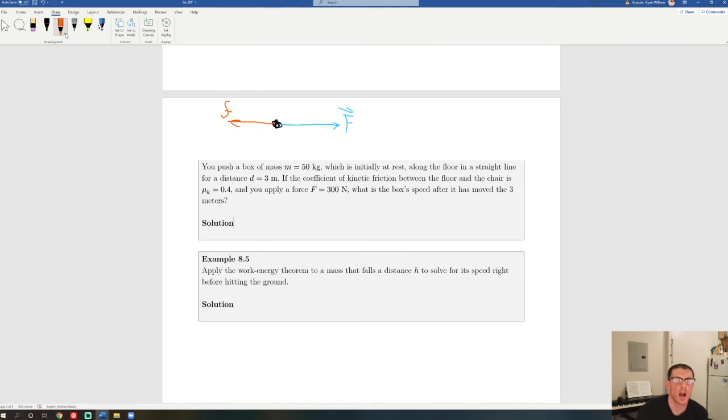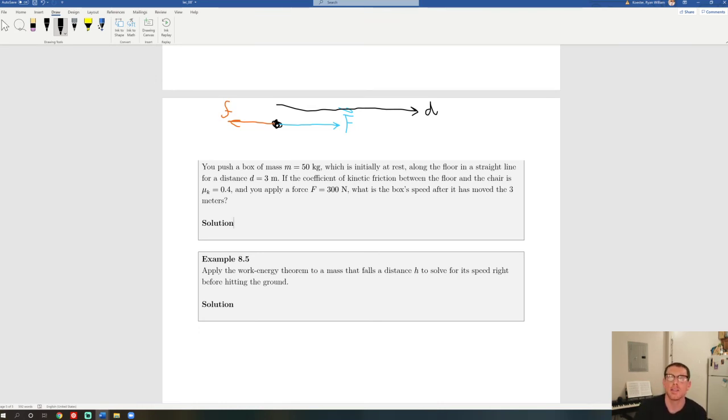And then I also would like to draw in the displacement vector, and I'll draw that up here. It should look maybe something like this, right? And so this is a little sketch of what's happening.